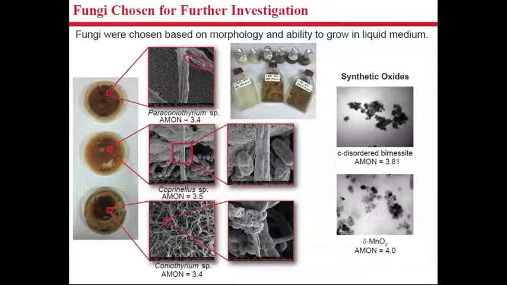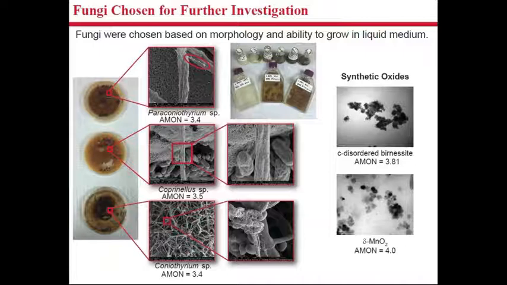So we actually had too many of them. To figure out what we're going to do next for further investigation, to see if these things would be useful, we chose 3. We chose a Paraconiatherium, a Copernella species, and a Coiniatherium. This was based on a couple different parameters.